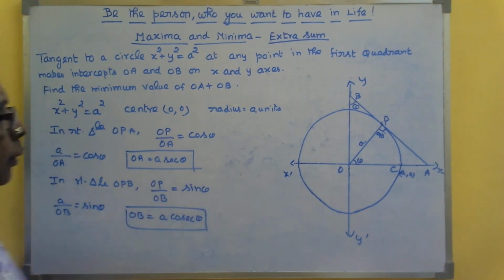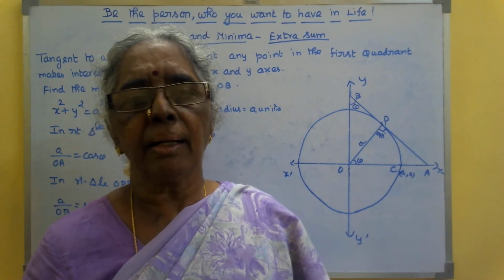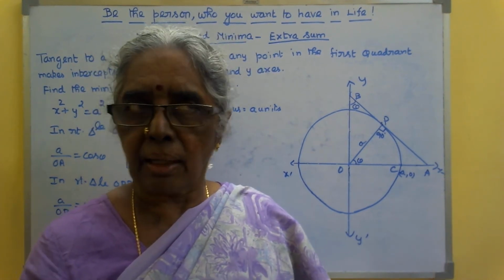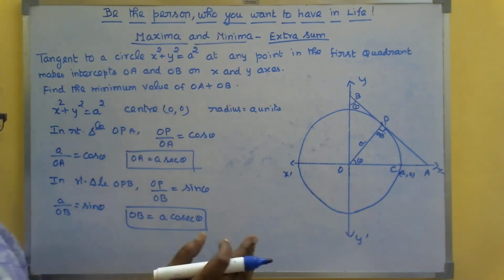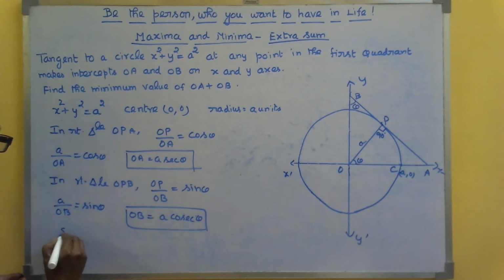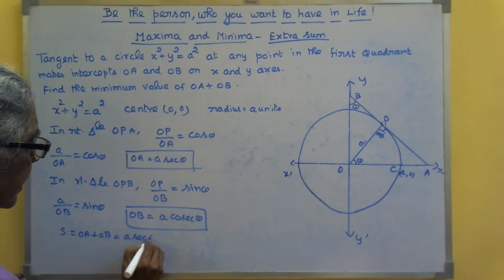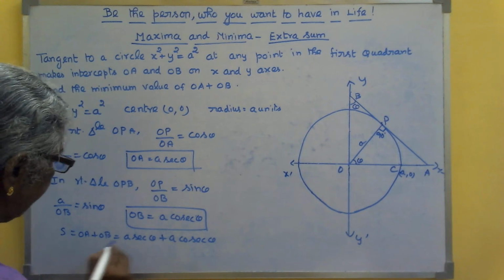So now we know OA in terms of a and theta and OB in terms of a and theta. Now let us take the sum OA plus OB as sum S. So S is equal to OA plus OB, that will be a secant theta plus a cosecant theta.